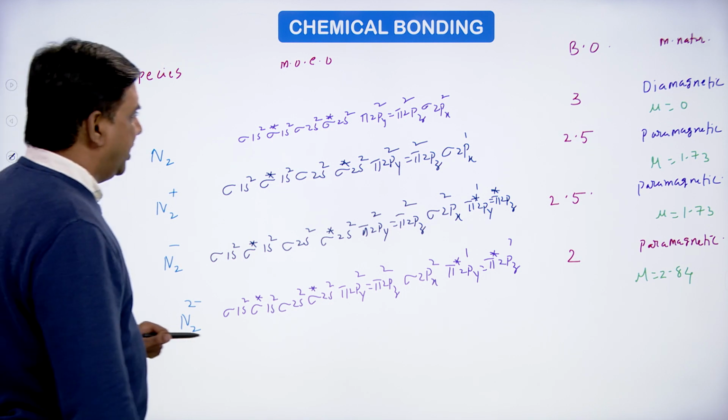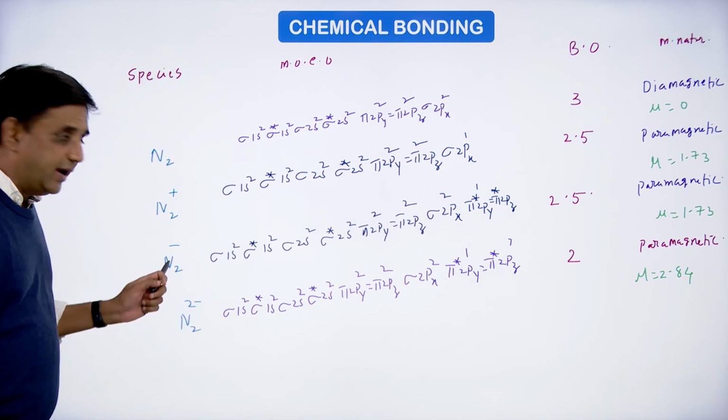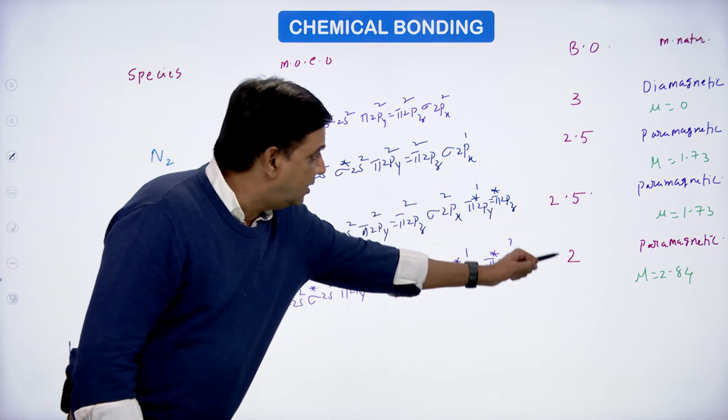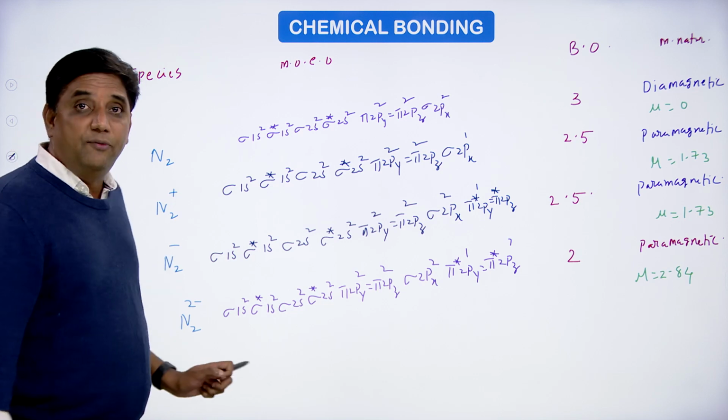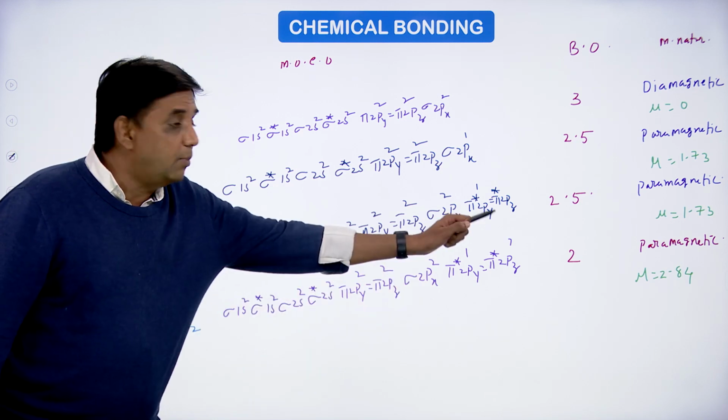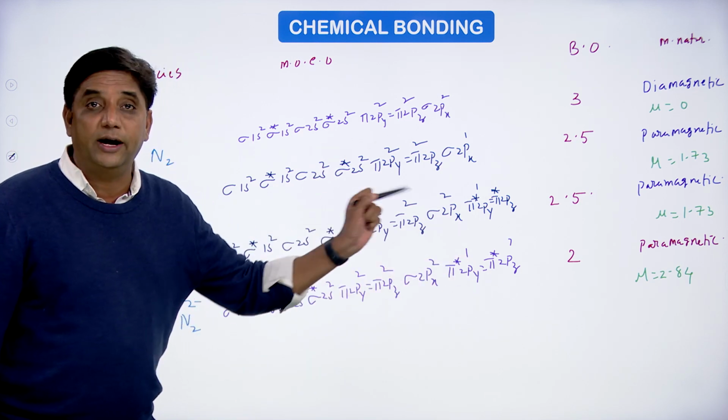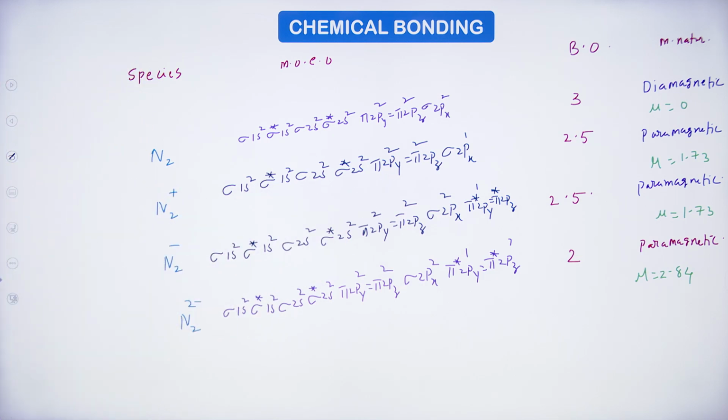A very important point you have to remember is, as the number of negative charges increases, the bond order decreases. That is a very important point. As the number of negative charges increases, the bond order decreases in case of nitrogen species. That is the point you must write here.